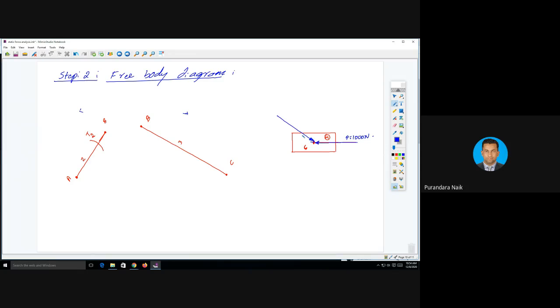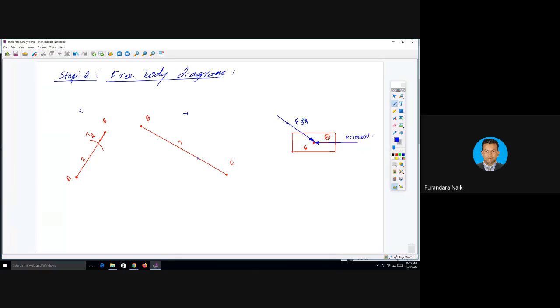This force is parallel to this line, the direction of force. So this force is F34.